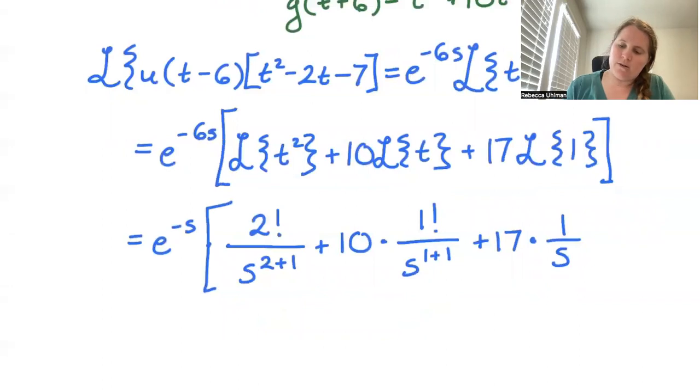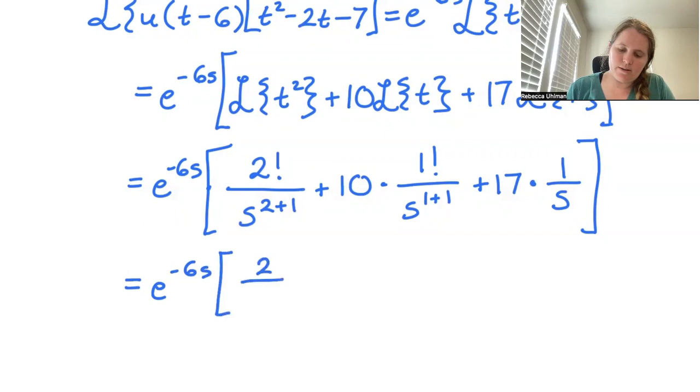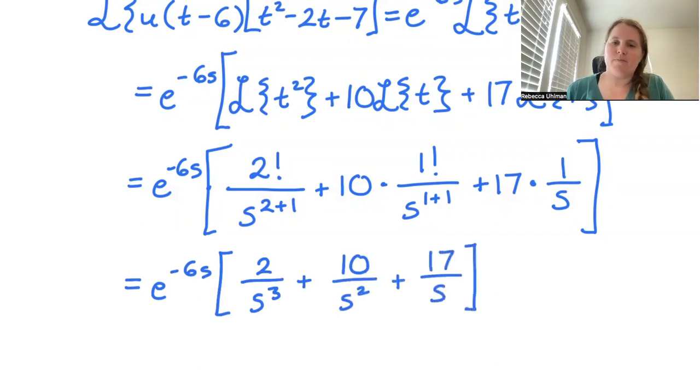All of those fractions are being multiplied by that e to the negative 6s, not e to the negative s. I just realized my screen did not update. Simplifying this just briefly, we have e to the negative 6s multiplying 2 over s cubed plus 10 over s squared plus 17 over s.